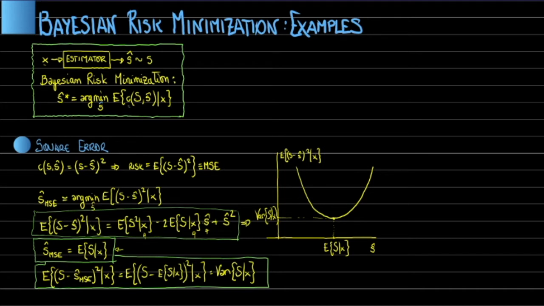We can also prove an interesting property of the minimum mean square error estimate, which we can write as a theorem: S hat MSE is an unbiased estimator.